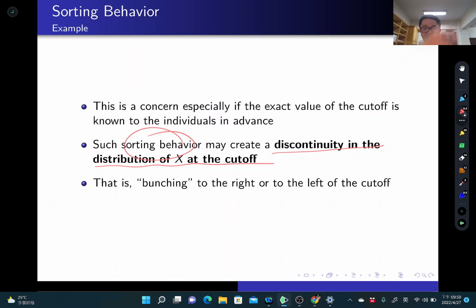That is, the density or frequency of a specific interval of your assignment variable might show abnormality. You will see a lot of people just below the cutoff. So you will find that there's a bunching to the right or to the left of the cutoff.